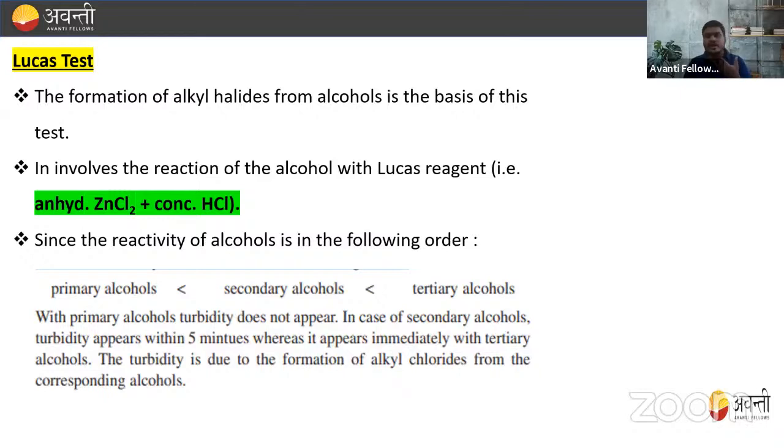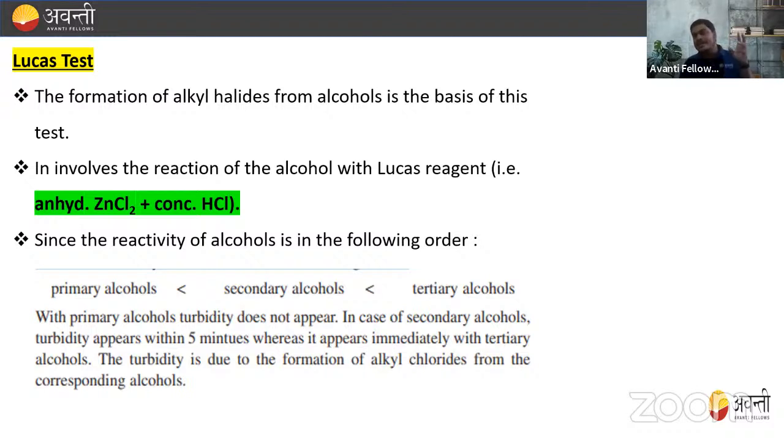If we talk about the reactivity of the alcohol with the Lucas reagent, that is primary, secondary, and tertiary, remember this: tertiary alcohol reactivity is very high, as primary alcohol reactivity is very low. So the Lucas reagent test is basically used to distinguish between primary, secondary, and tertiary alcohol, right? What happens if you treat a primary alcohol with the Lucas reagent?